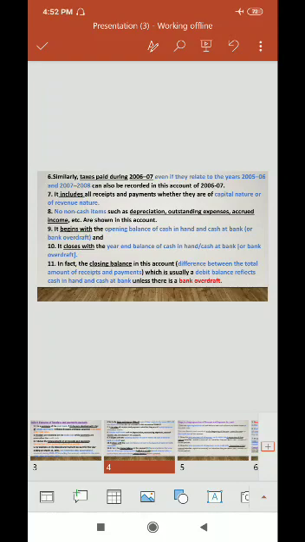Next, the ninth point is, it begins with the opening balance of cash in hand and cash at bank or bank overdraft. See, always your receipts and payments account should begin with the opening balance of cash in hand and cash at bank. It is a good symbol, means you will have positive figures in the business.